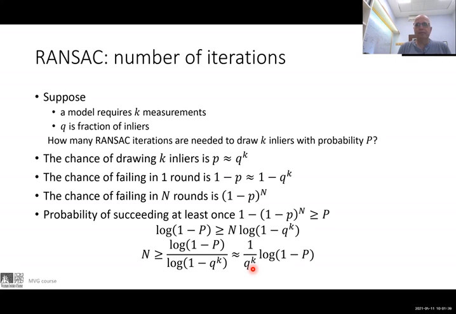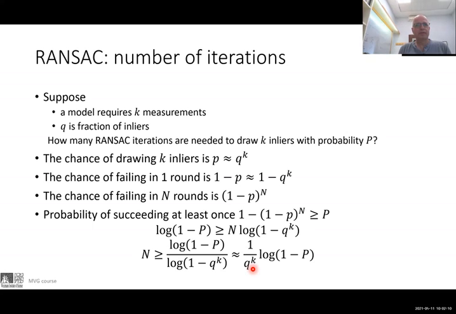I think something is bothering me because the log of 1 minus p is a negative number. But it's supposed to be a constant, so I'll check that. You get a negative number on the right-hand side. It's something about the approximation.